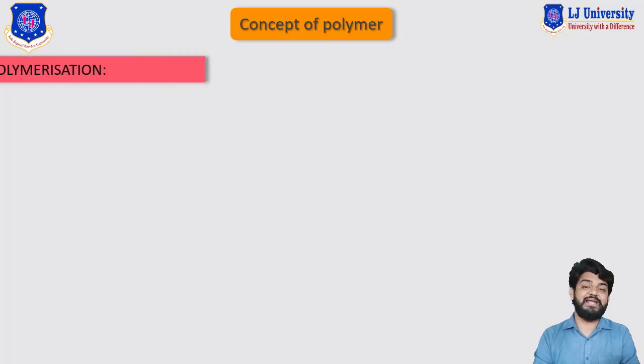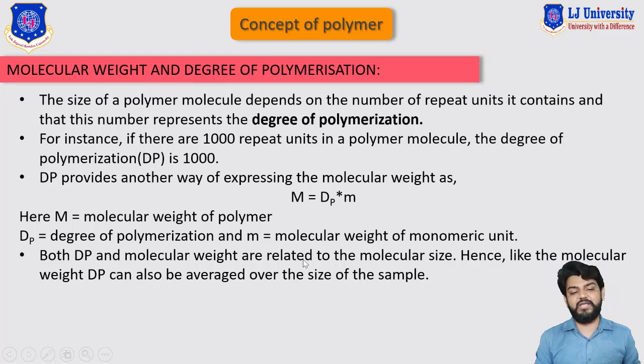Now let's focus on the next topic of this concept of polymer science, and that is molecular weight and degree of polymerization. These are not new terms for us. We have also understood the same concepts in chapter number 3 of polymer science and technology.